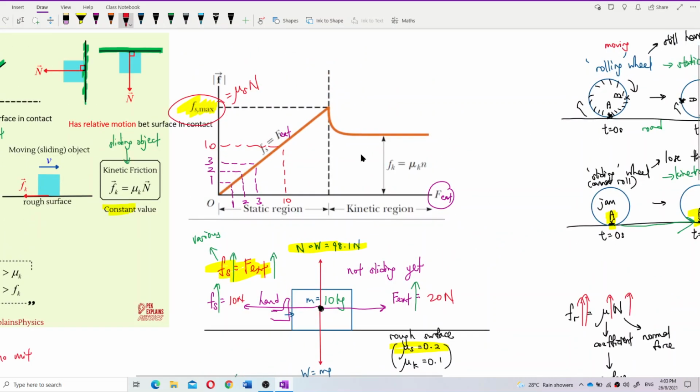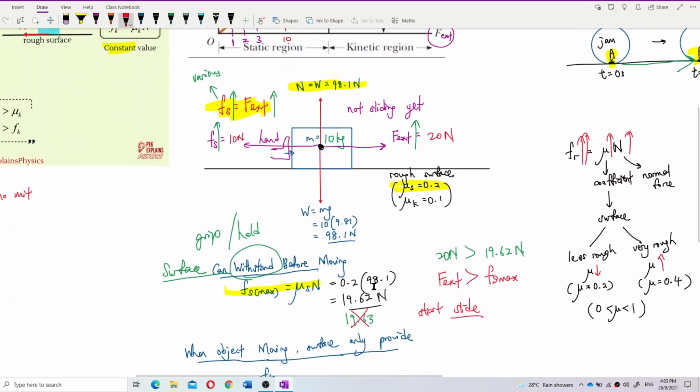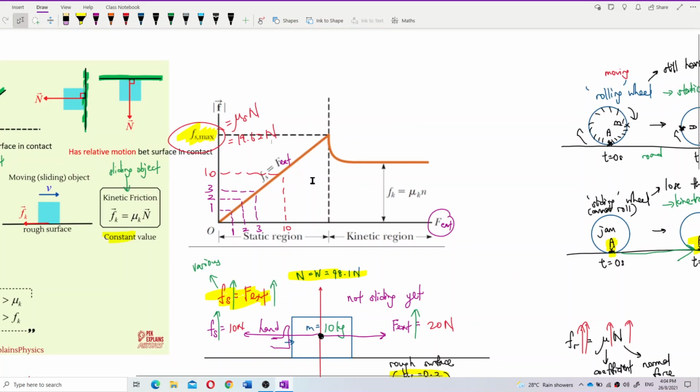So this value, mu S n, which is the maximum static friction, is 19.62 Newton. If you push up to 19.62, that is the maximum. If you push up to 19.63, it starts to slide already and becomes kinetic friction.